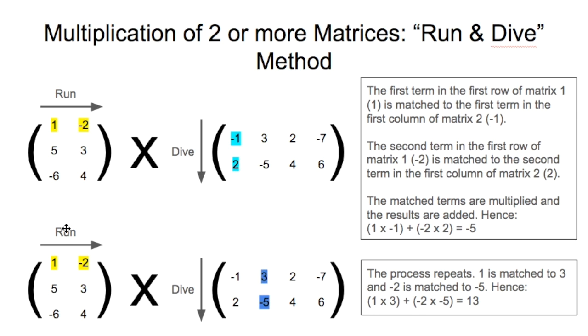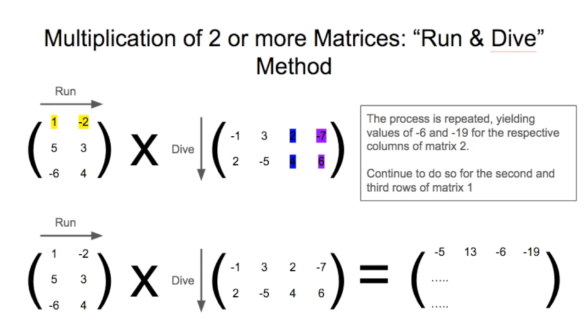And if we apply this further to the different columns, when we do it systematically, this is how we do it. We do the run and then we do the dive here, and then we apply the dive for the different columns of matrix 2, and we repeat this process, and we find that for the second column in matrix 2 we get our final value of 13.